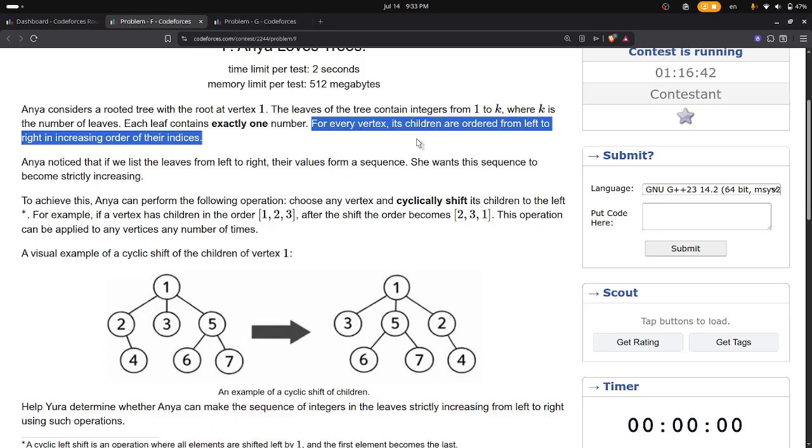The operation can be applied to any vertices any number of times. A visual example of a cyclic shift of the children of vertex 1: they do a cyclic shift of 2, 3, 5 and it becomes 3, 5, 2. So the order of the leaves also changed.